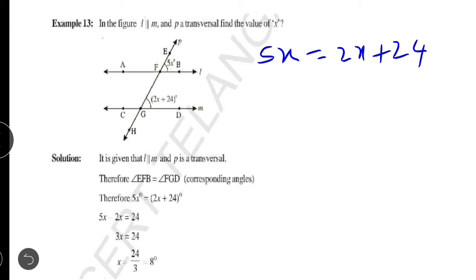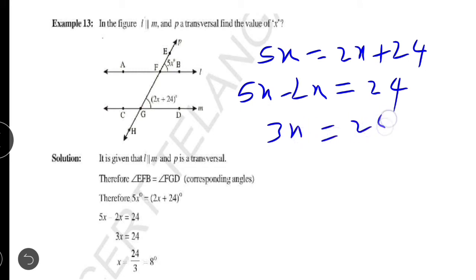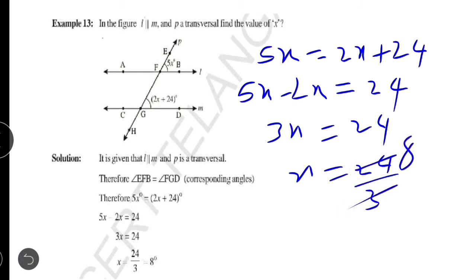See here, the variable is on both sides of the equal symbol. So 5x minus 2x, write the variables on the left side and constants on the other side. 5x minus 2x is 3x equals to 24. Then x equals to 24 divided by 3. 3 eights are 24.